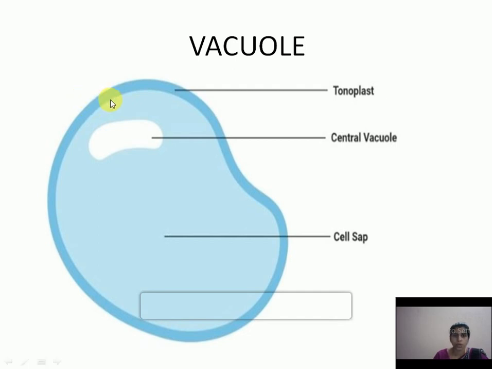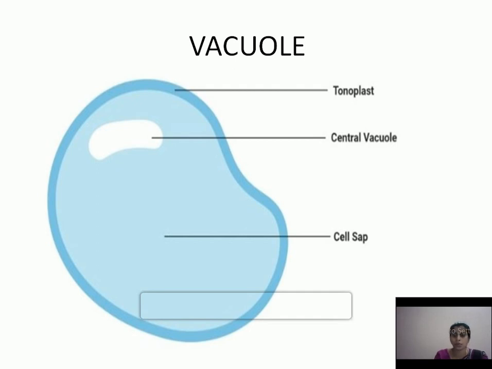See, this outer layer is the tonoplast, and the inner central white color is the central vacuole, and this blue color is the cell sap, and this cell sap contains a watery solution, especially sugar, amino acids, proteins, lipids, etc.